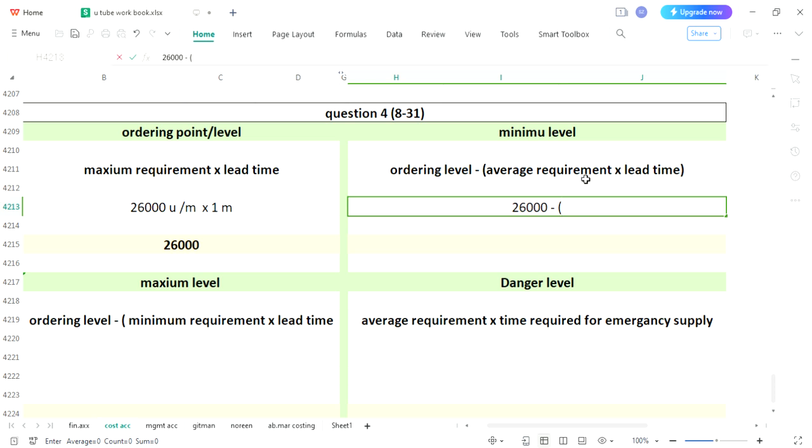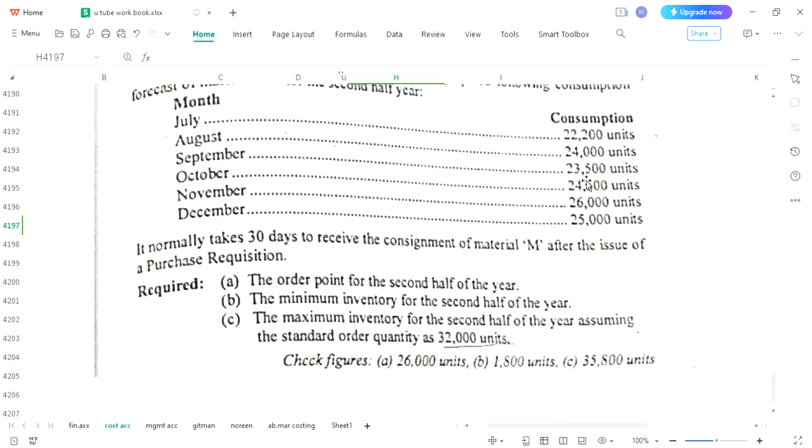Now you need to calculate the average requirement. How would the average requirement be calculated? Normally we used the formula maximum requirement minus minimum requirement divided by 2, with which you calculated average requirement in previous questions. But here several numbers of units are mentioned, from July to December, 6 months of requirement. Like in school classes, you have learned how to calculate an average.